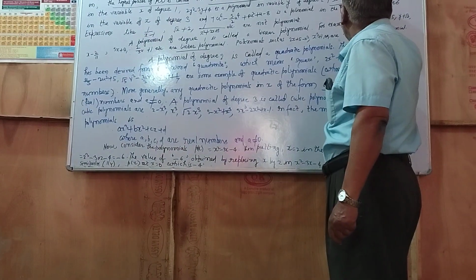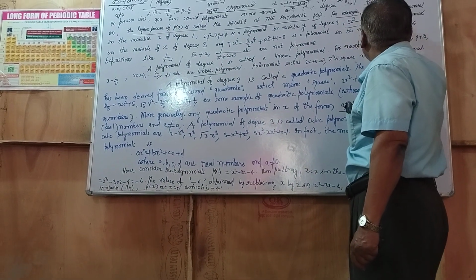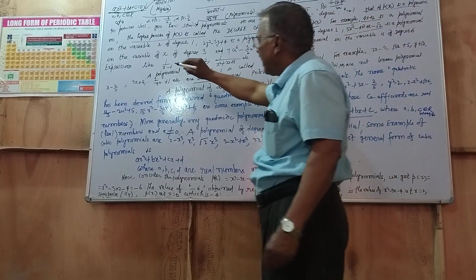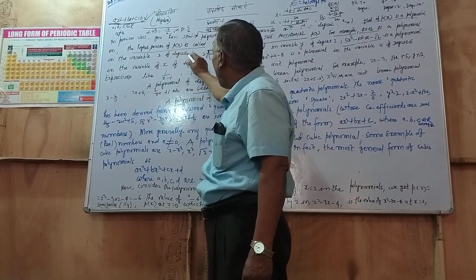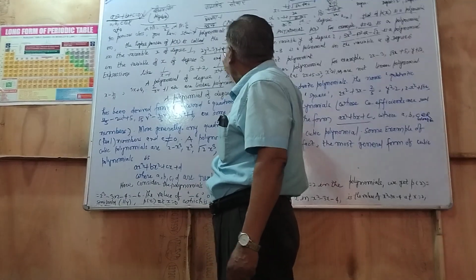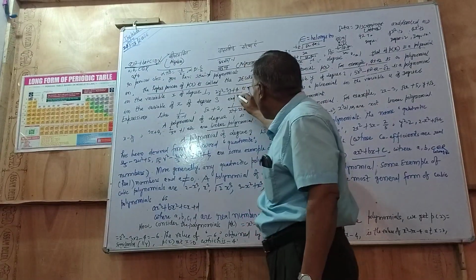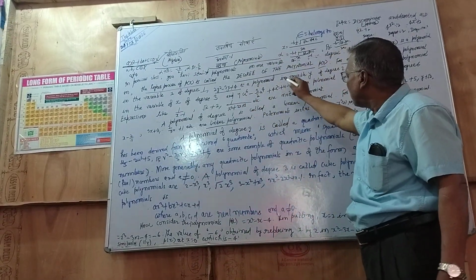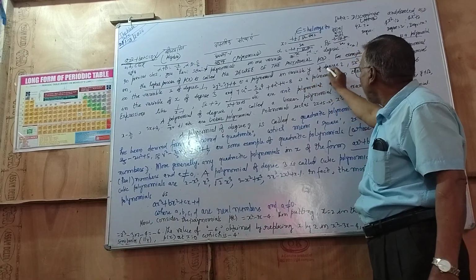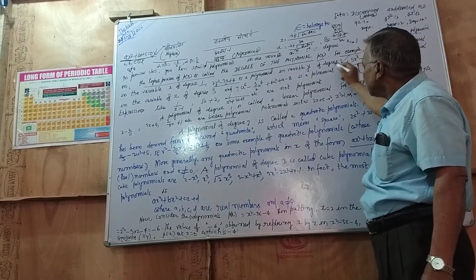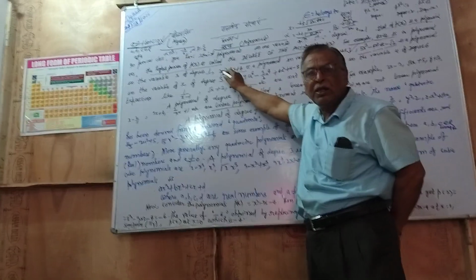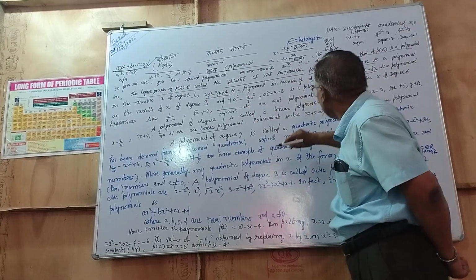For example, 4x plus 2 is a polynomial in the variable x of degree 1. This expression 2y square minus 3y plus 4 is a polynomial in variable y of degree 2. The maximum power of the variable is the degree of the polynomial.